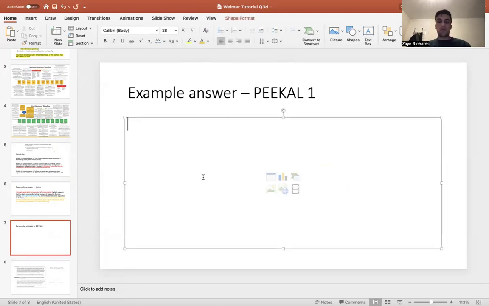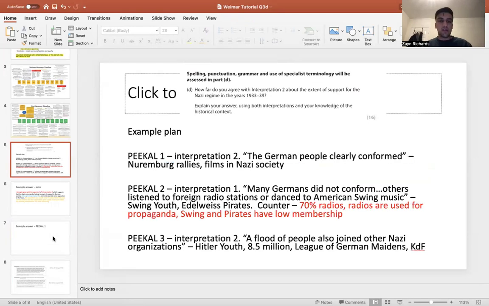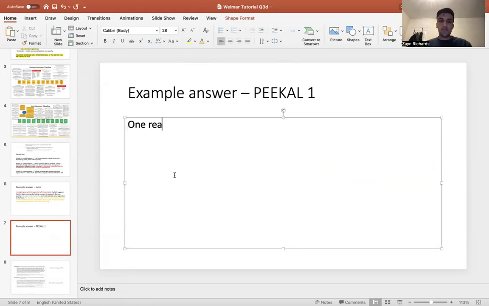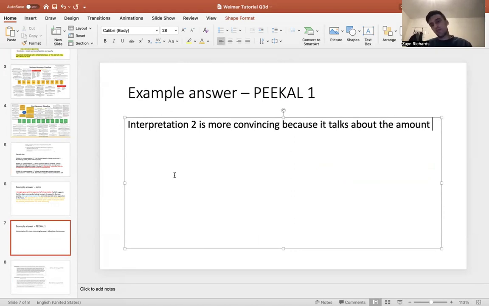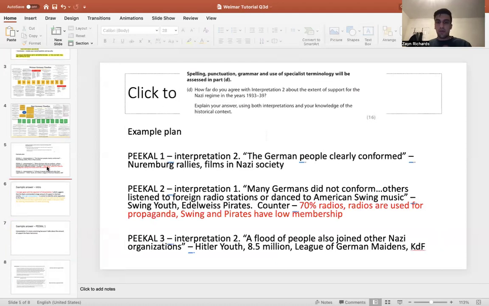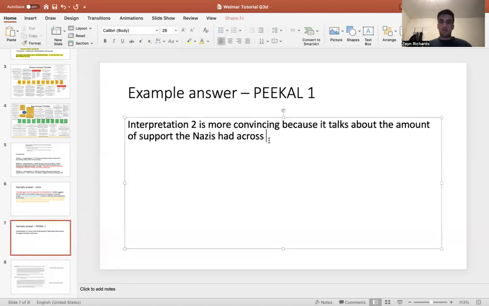So then I move to PCal 1. So I start by saying, so this is my first one, interpretation 2. I'd start by saying one reason why interpretation 2 is more convincing is because it talks about the amount of support the Nazis had from people throughout society, from all walks of life.